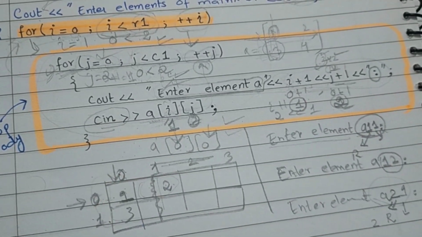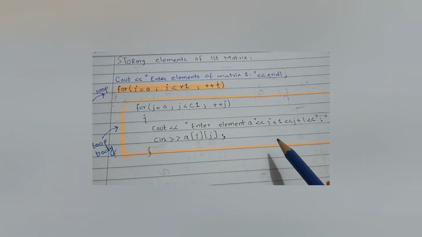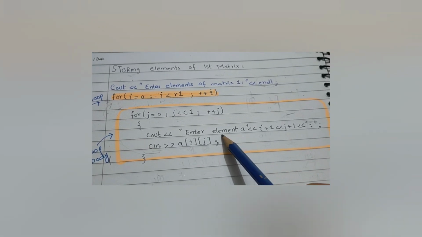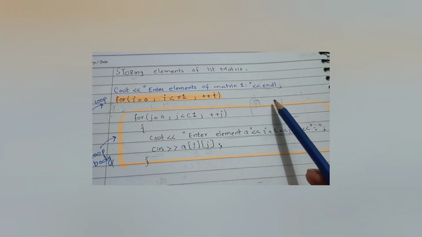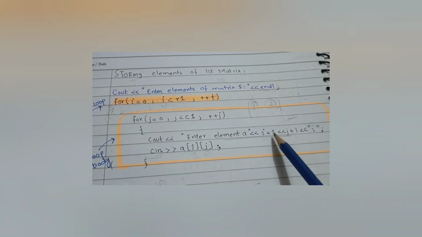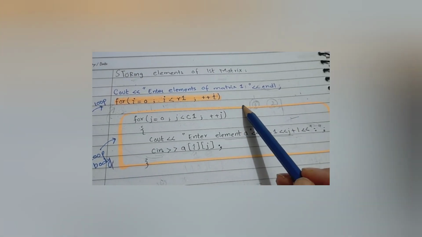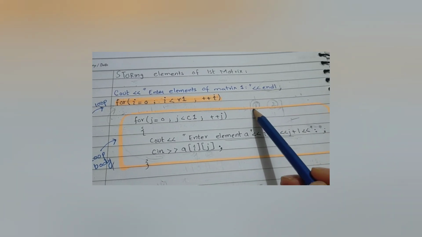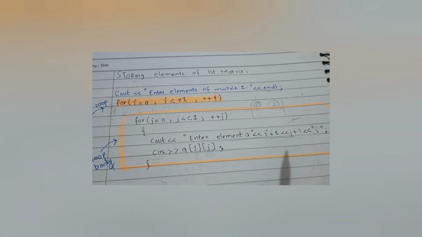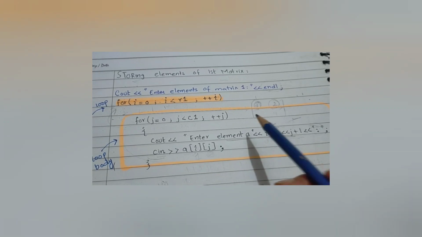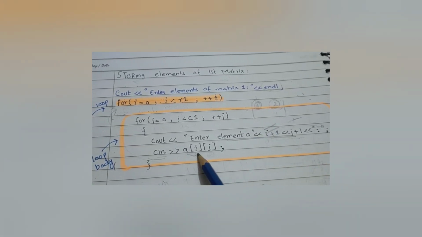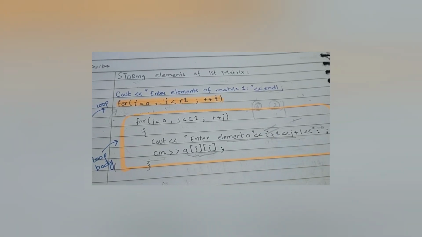Let me clear one thing, that this statement shows where the element in the matrix is located, right? So this will tell you that in the first row, in the first column, this digit is here. This is used for location in the matrix, and this is used for location in the array.